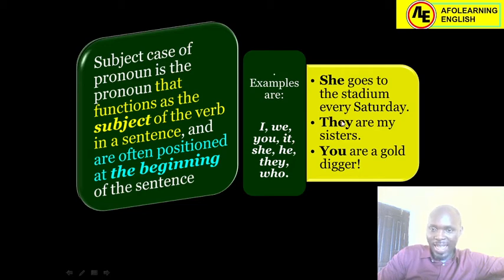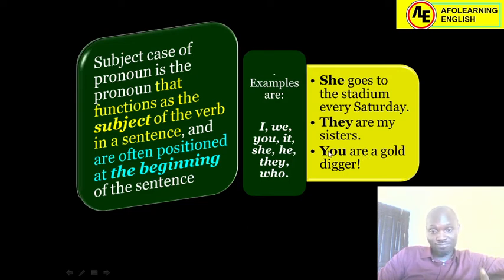Another example is, they are sisters. Now here, you have they at the beginning of the sentence. They functions in this sentence as the subject of the whole sentence, or subject of the verb are. Number three, you are a gold digger.